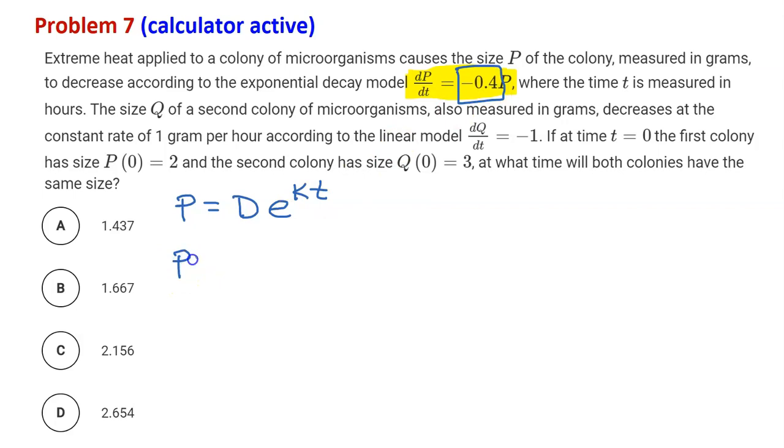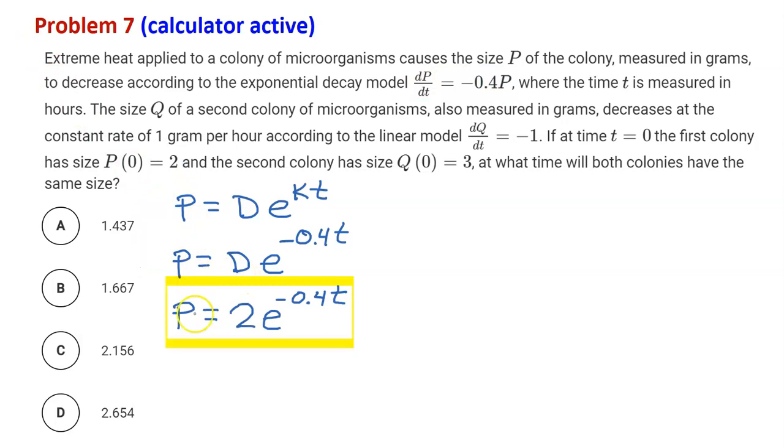So that means P is equal to D times e to the negative 0.4t. Because of this initial condition, we also know what D is. D is always going to be the initial amount of whatever it is. So D is 2. So far, so good. We have an equation for the size of colony P as a function of time.